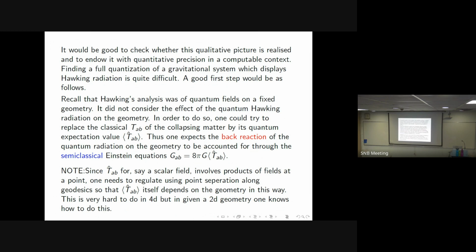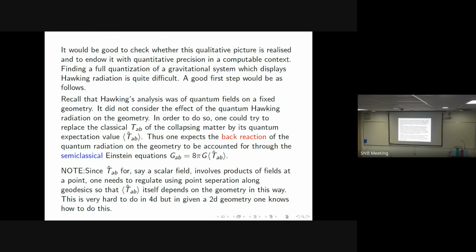In order to do so, one could try to replace the classical T_ab, the stress energy of the collapsing matter, by its quantum expectation value. So if you could compute the expectation value of your quantum matter field on some arbitrary geometry, and stick it into the right hand side of the Einstein equations, then you would have something where the quantum part would also back react and contribute. So that is the idea.